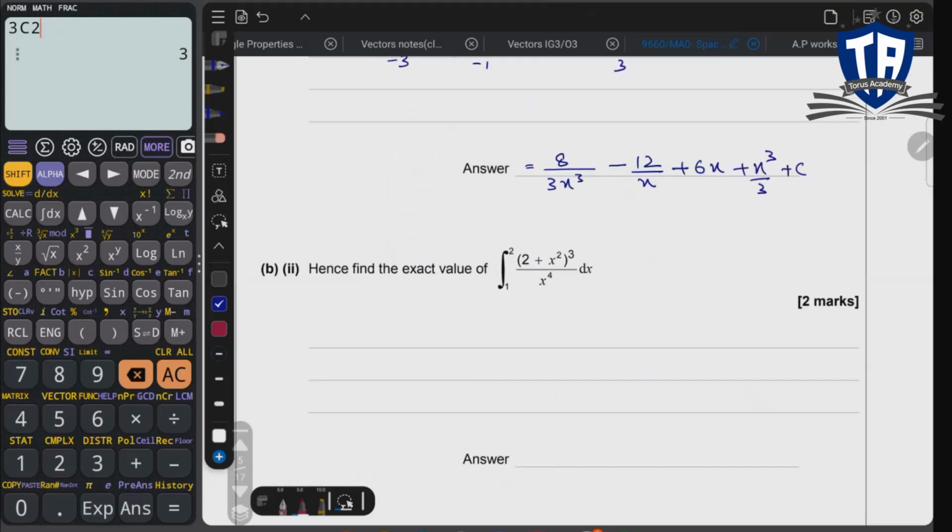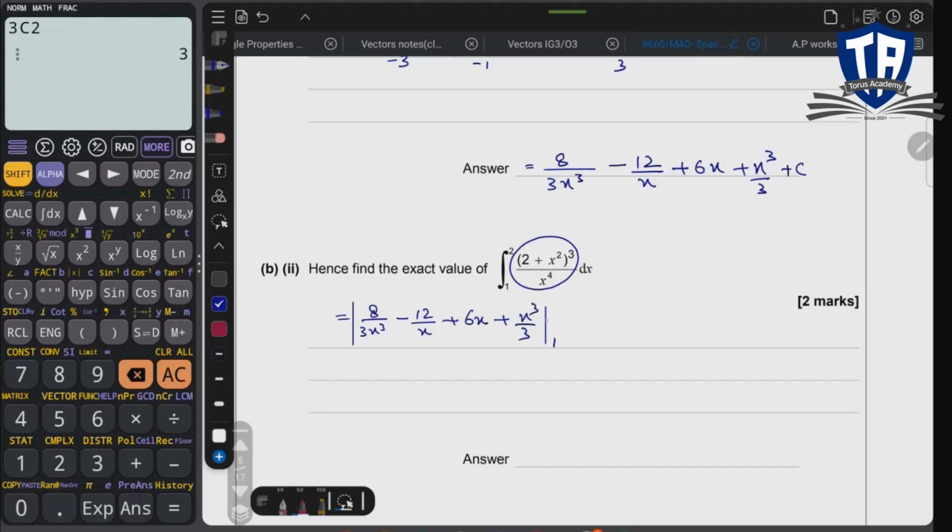We have integrated this, so we directly take its answer, 8 over 3 x cubed, and we directly take the limits.